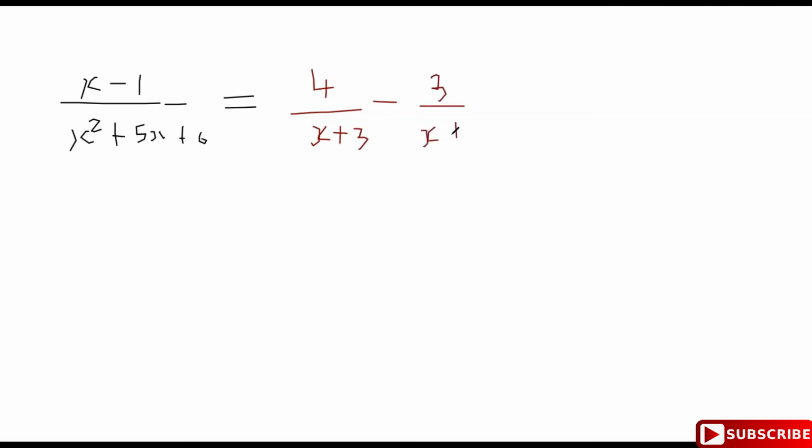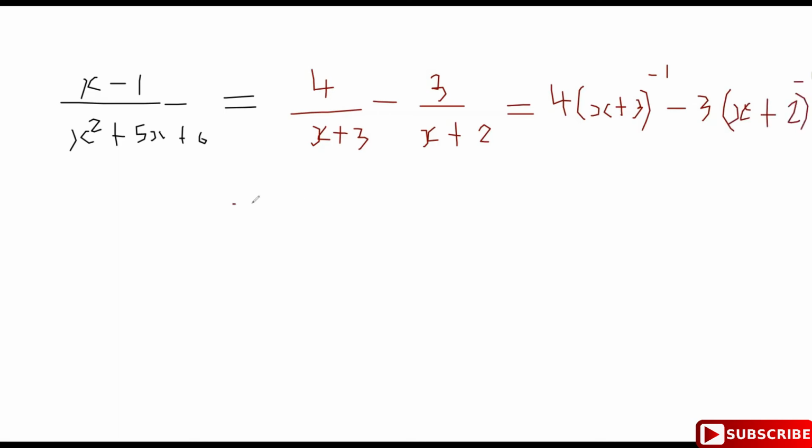Since this is what we found, of course, we can rearrange this as 4 times in bracket x plus 3 to the negative 1, minus 3 times x plus 2 to the negative 1. That's how we rewrite this right there.